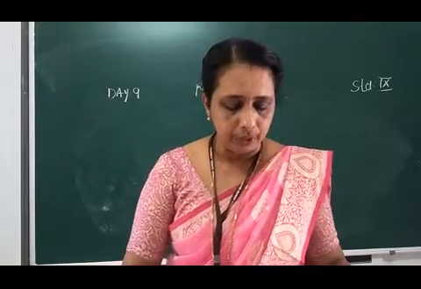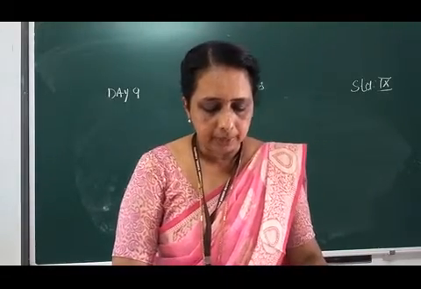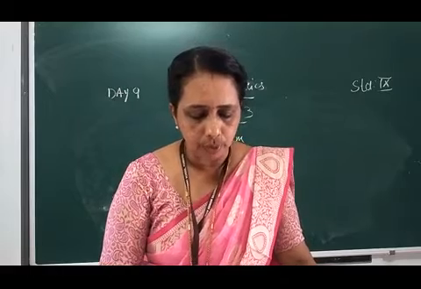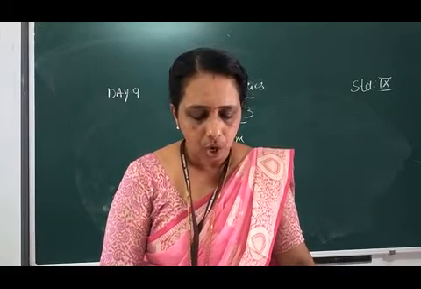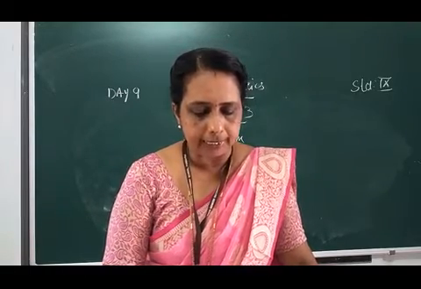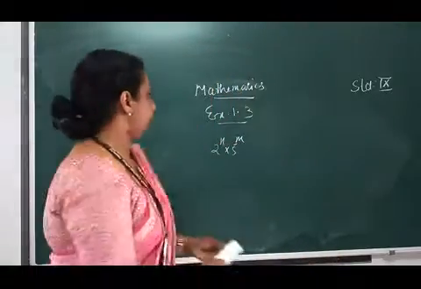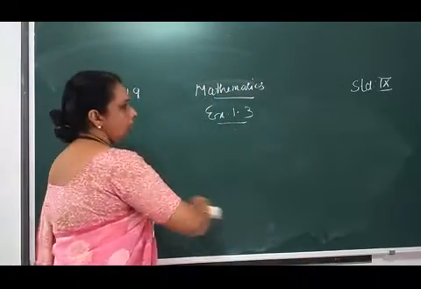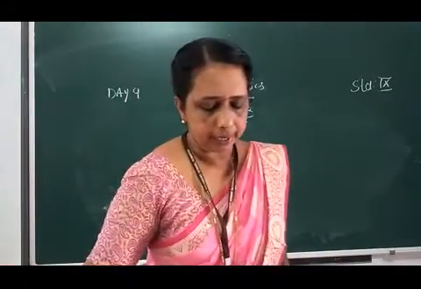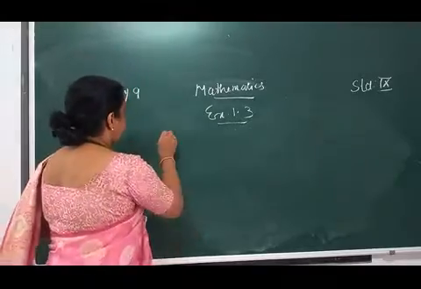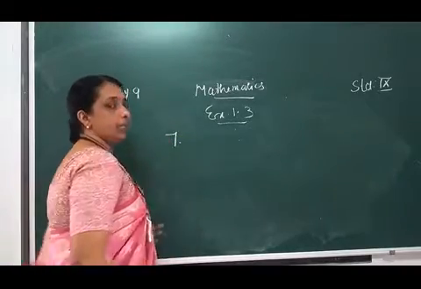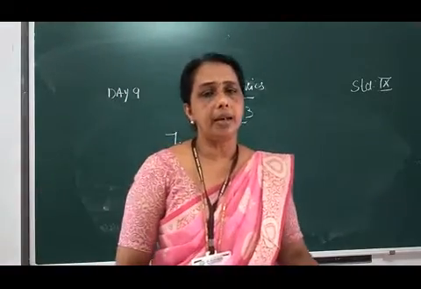The next one, the 7th question: write 3 numbers whose decimal expansions are non-terminating, non-recurring. You know, a non-terminating, non-recurring decimal expansion is the decimal expansion of an irrational number.